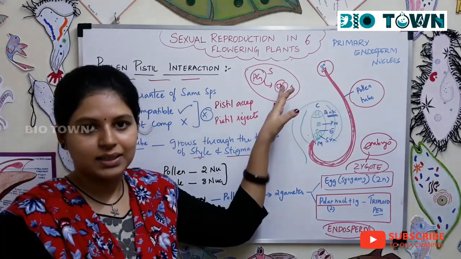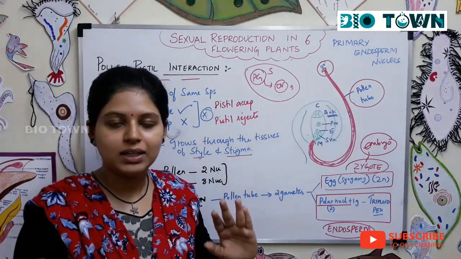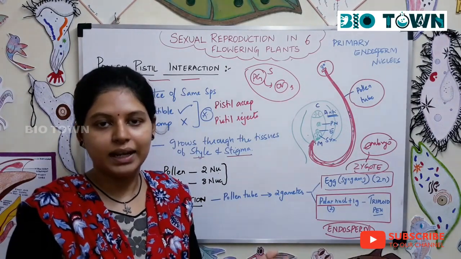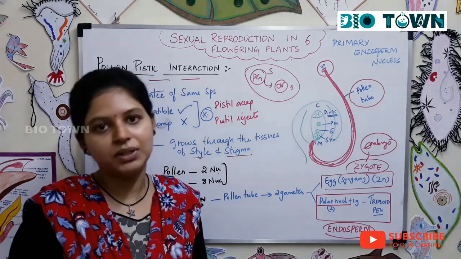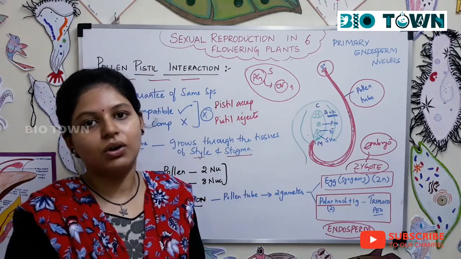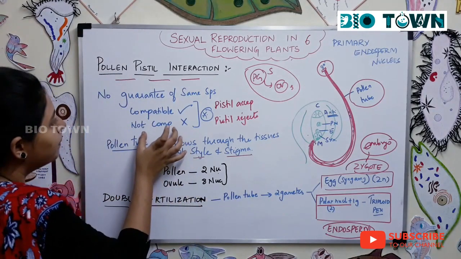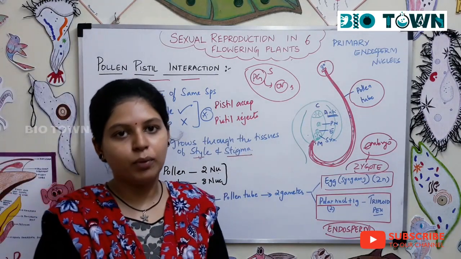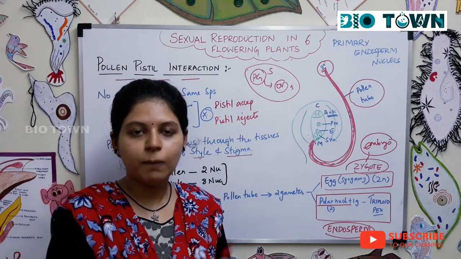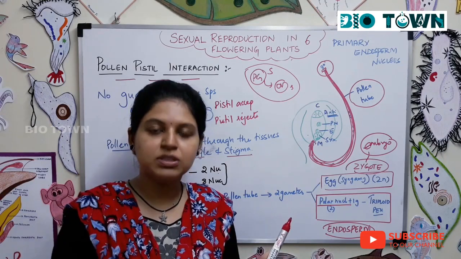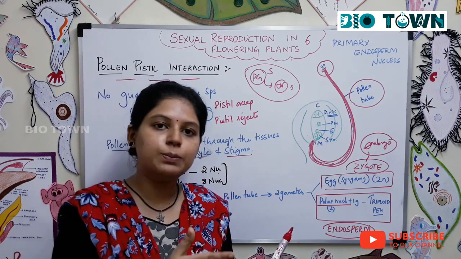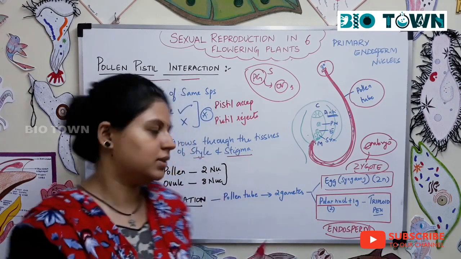In a few cases, there are chances of cross mixing of the pollen grain to the ovules of different species, and this concept is called incompatibility. In this case, the pistil rejects the pollen grains. So just remember, only if it is the same species pollen grains, the pistil accepts. If it is of a different species, the pistil rejects, right?